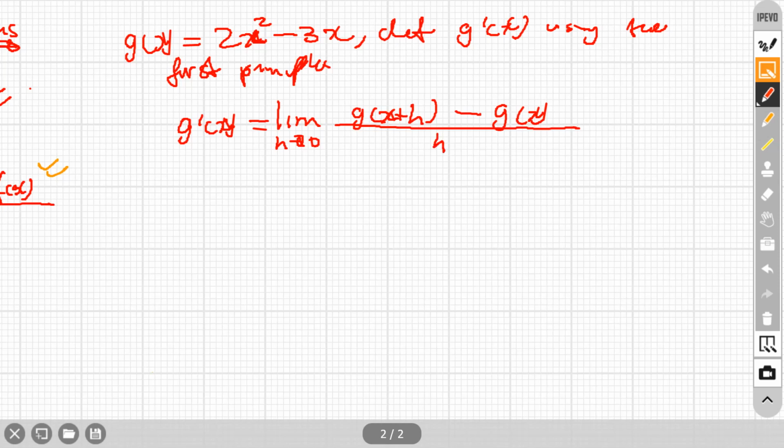Remember guys, if I'm given g, you write g. So we know our g of x, but we do not know g of x plus h. So first thing first, we're going to determine g of x plus h.